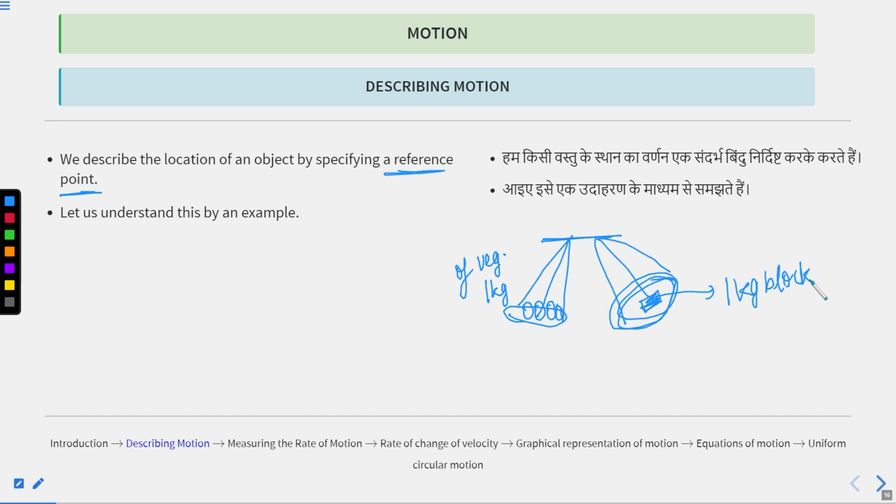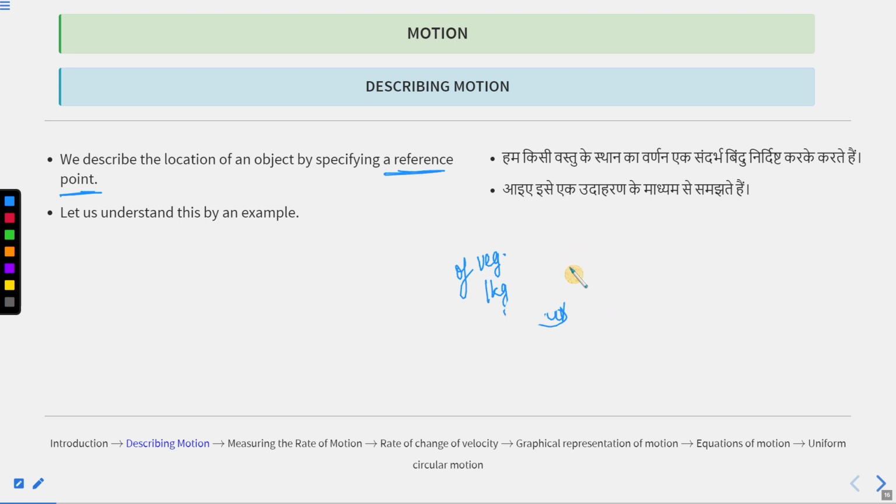Similarly, if you want to describe the length of any object, you always need a reference point.